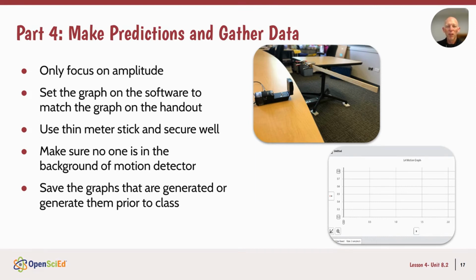Some teachers that I've heard had issues with the motion detector picking up the vibration of the meter stick. I haven't. As long as it's 0.5 meters away and nothing's behind the meter stick that's moving, I haven't had issues. Some teachers have tried taping note cards or something bigger on their meter stick, and they've reported that that helps. So if that's an issue, you can try that.